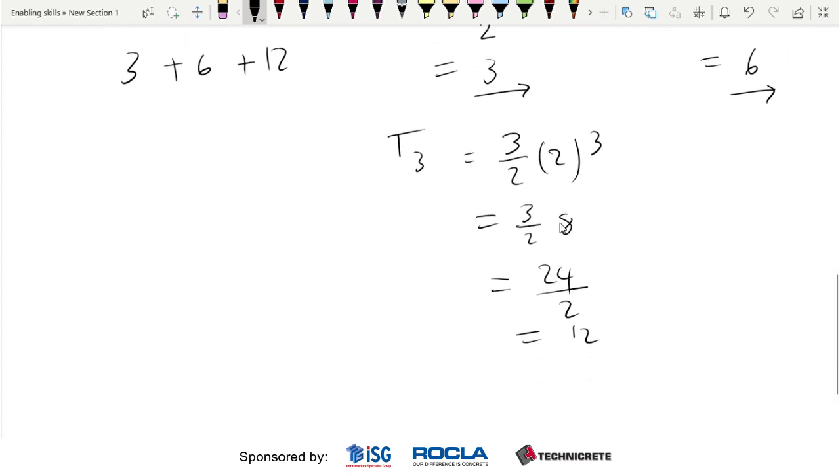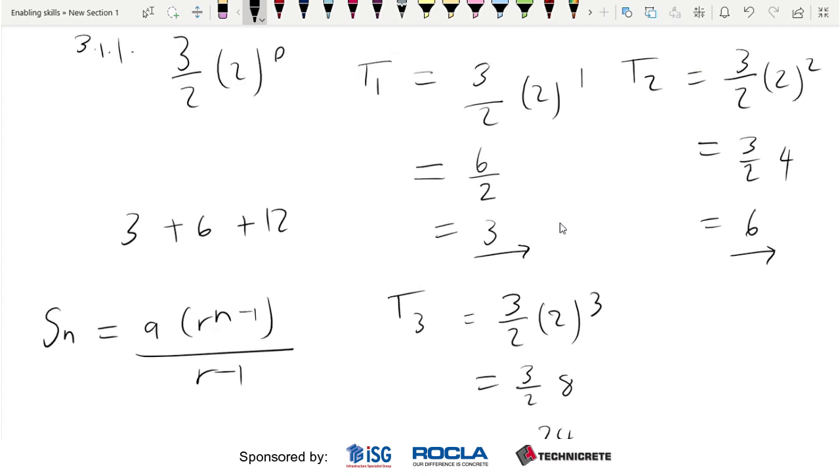Now, we can take these values that we've just found and substitute them into the formula for the sum of a geometric series. The sum is given by Sn is equal to A times R to the power of n minus 1, divided by R minus 1.